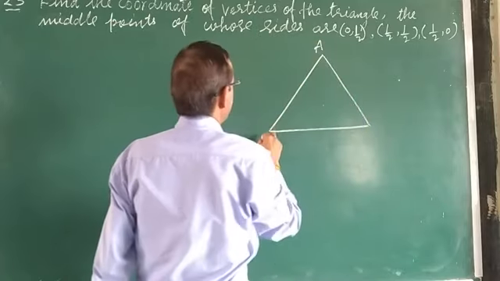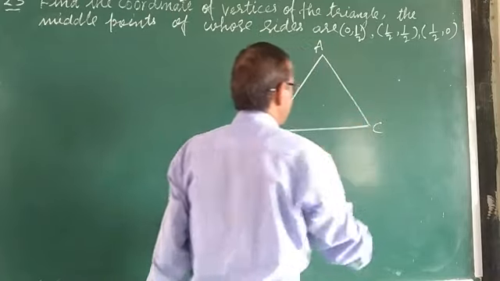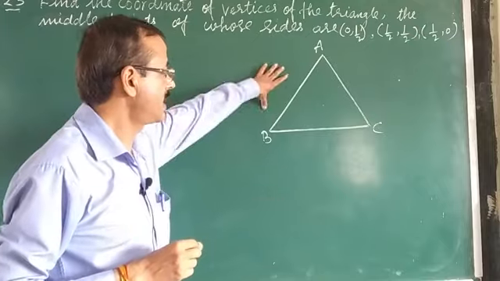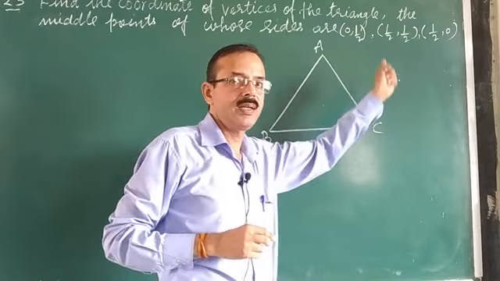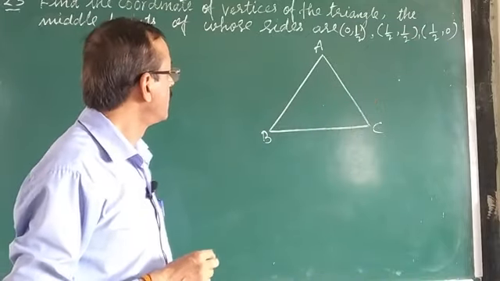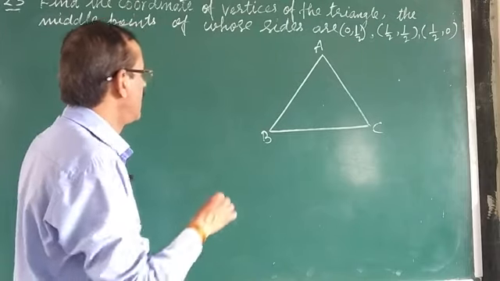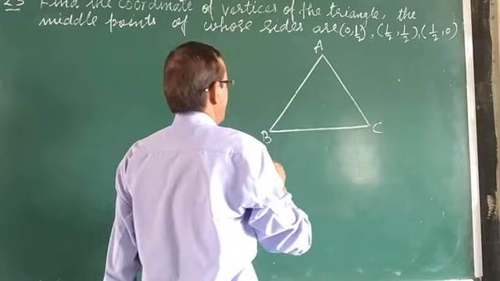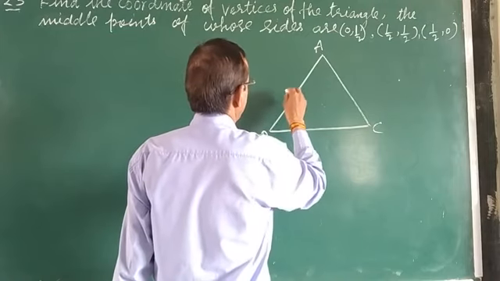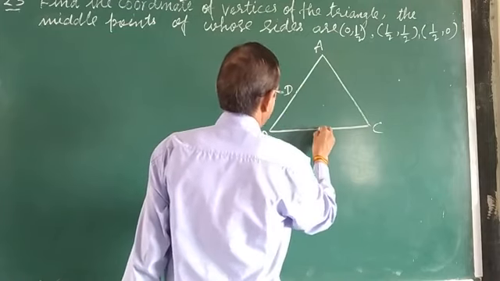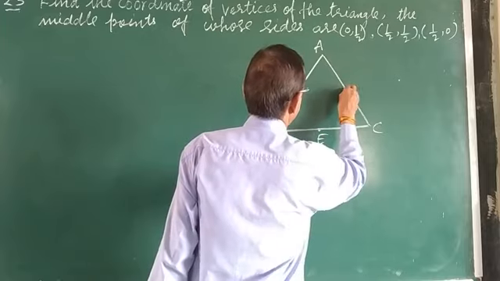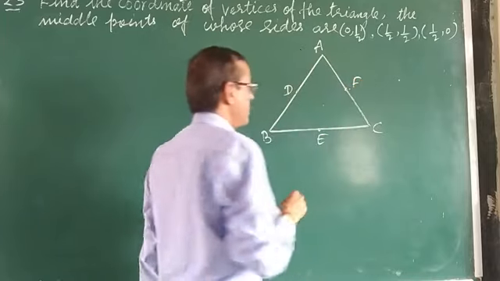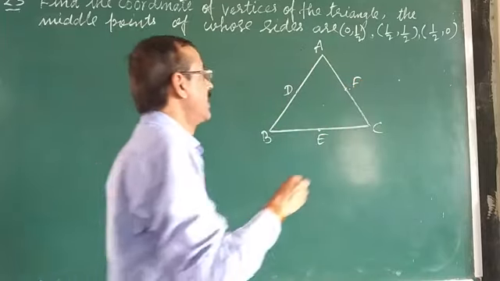This is A, B, C. There are 3 sides: AB, BC and AC. Let the midpoint of AB be D, this is E and this is F. What is given?